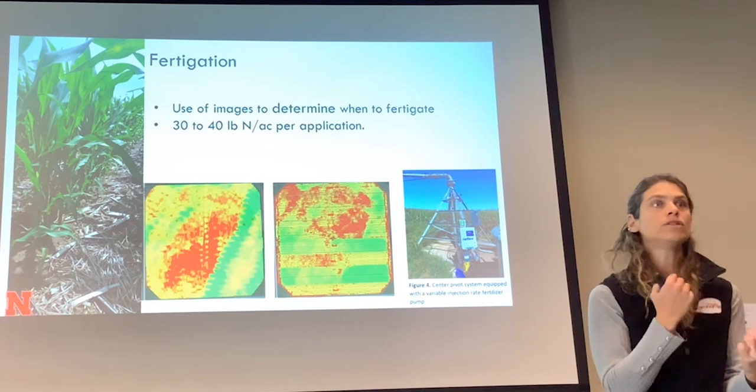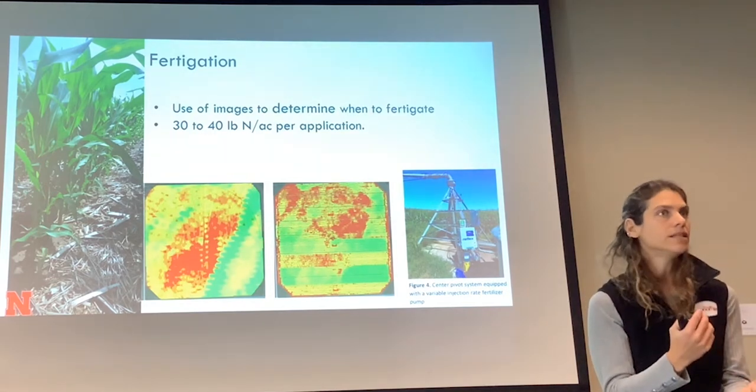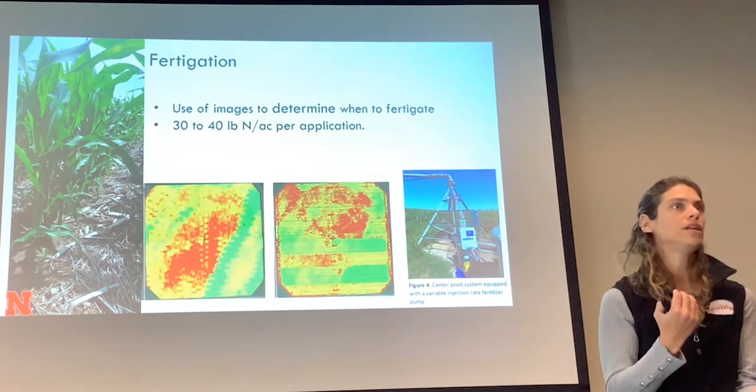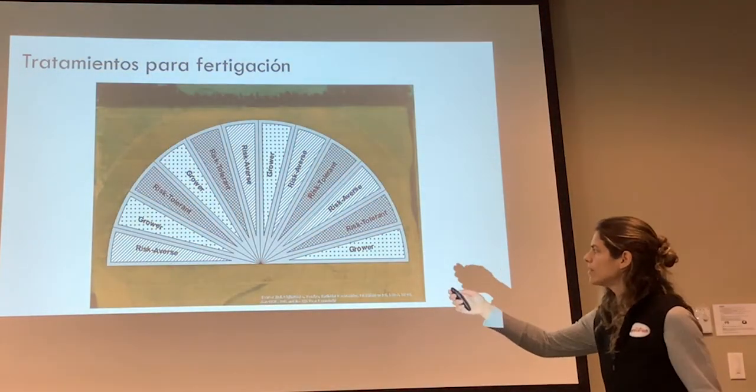So if you have questions about that, if you are interested in testing fertigation based on images, there's a great opportunity for testing that with us as well. So this is kind of the laid out.